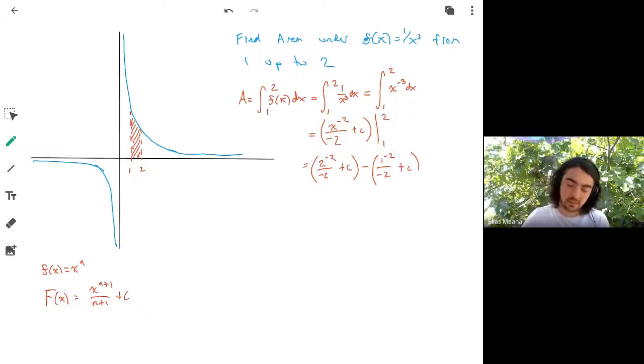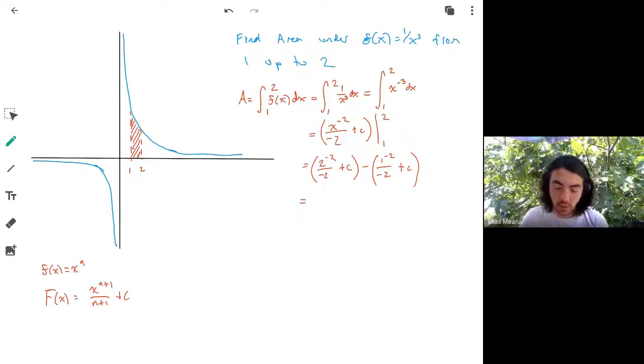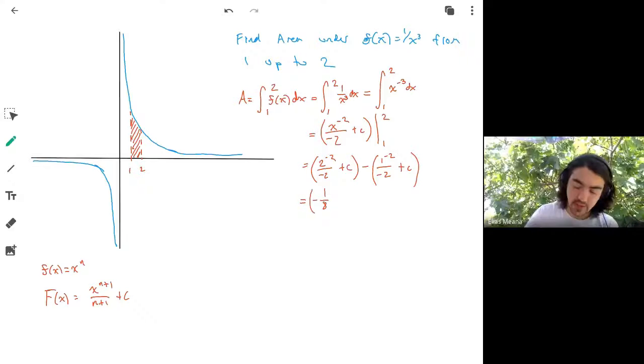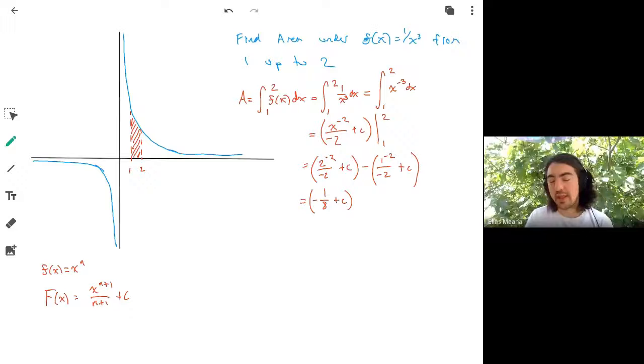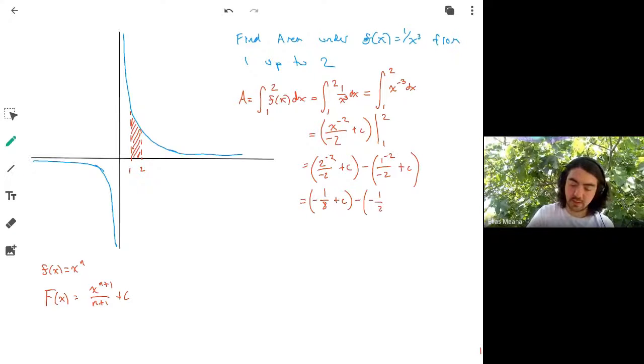What does that equal? 1 over minus 8, right? Yes, my bad. So we get minus 1 over 8 plus c. And then, what is 1 to the power of minus 2 over minus 2? Minus a half. Good. Minus 1/2 plus c.